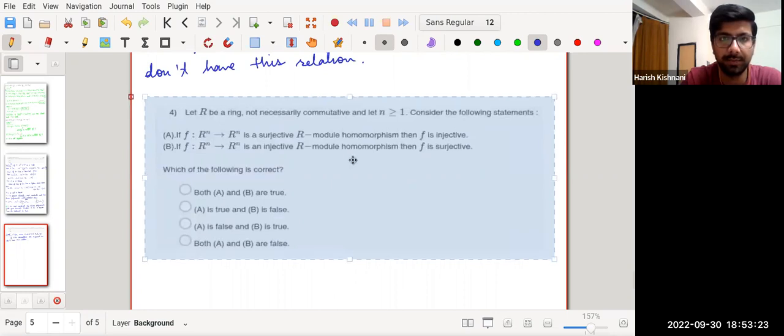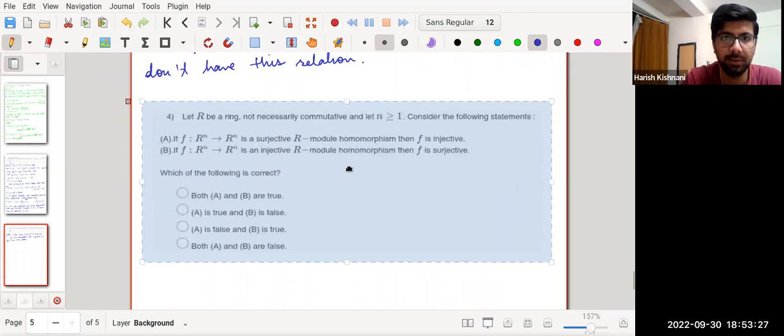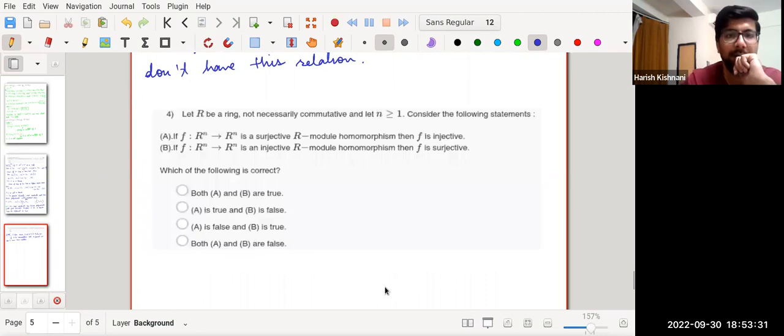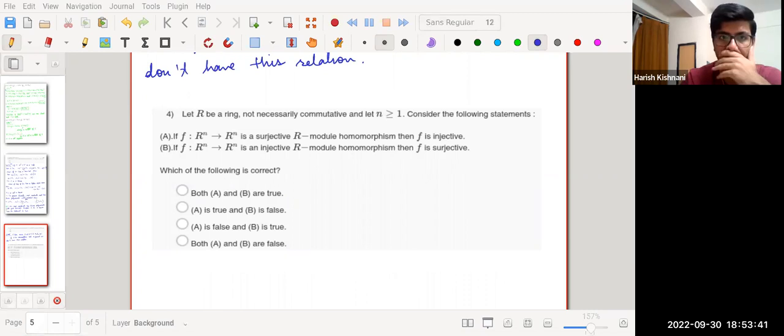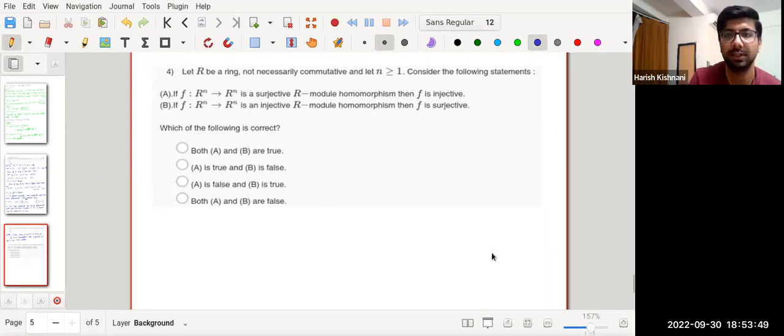If f from R^n to R^n is a surjective module homomorphism, then f has to be injective. And if f from R^n to R^n is an injective module homomorphism, then f has to be surjective. So you need to find examples where this is not holding, because this is not true in general.